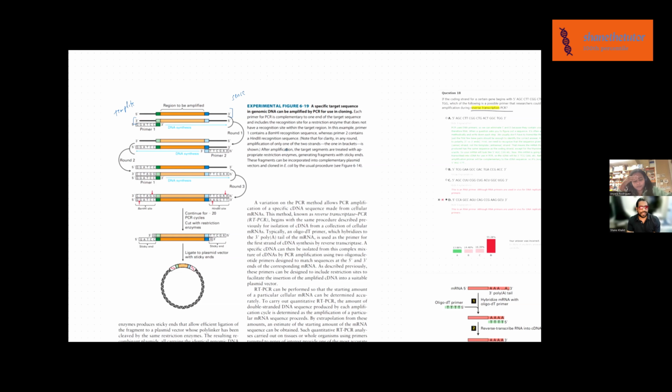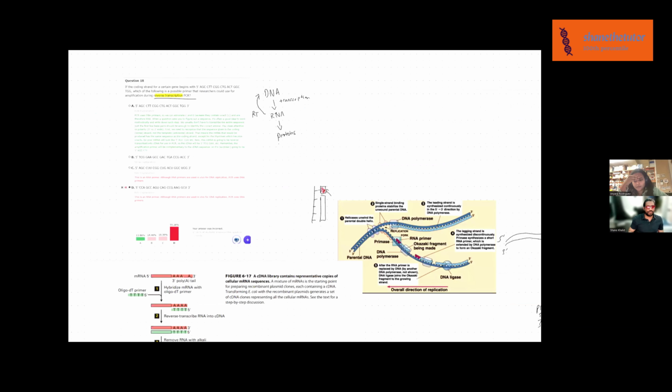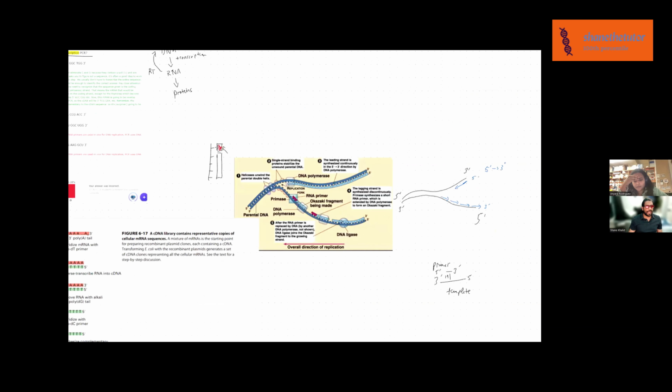And that's just round one, and then you could do it multiple times, more and more. But I would say the best broad way of looking at this is, what's the purpose of primers? To have a free 3' end to be able to nucleophilically attack and extend your sequence.